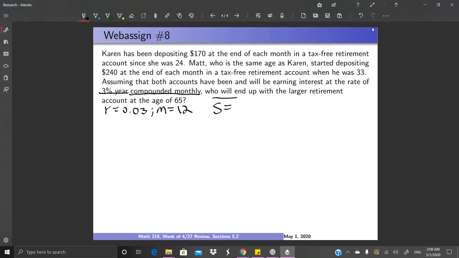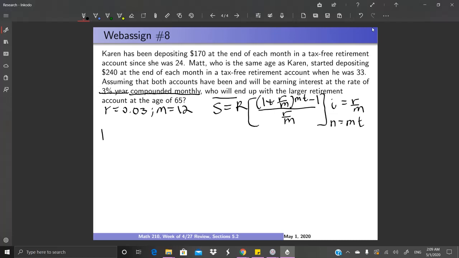S is equal to R times 1 plus R over M to the power of MT, minus 1, divided by R over M. Of course, the textbook would say I is equal to R over M, and N is equal to MT, and it will just use I and N, but I prefer to use the longer version so we can see where everything goes.